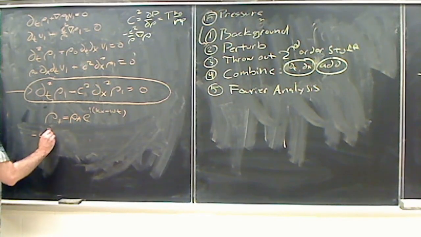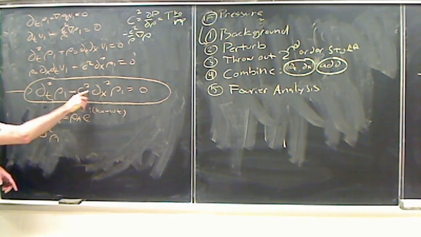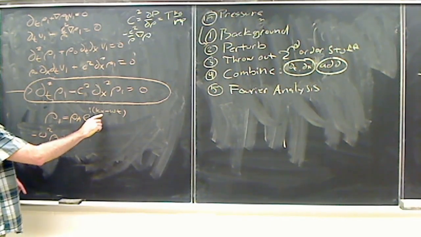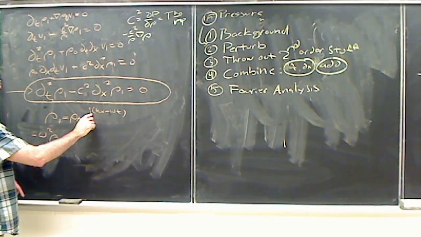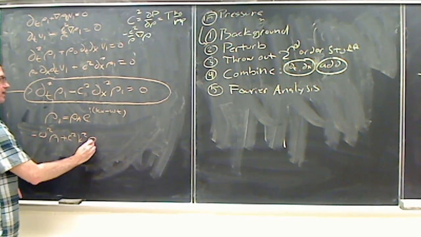Minus omega squared rho 1. It gets itself again, right? And then this term gives me a plus c squared, and again a minus, I get two i's, k squared times, again, rho 1 itself.